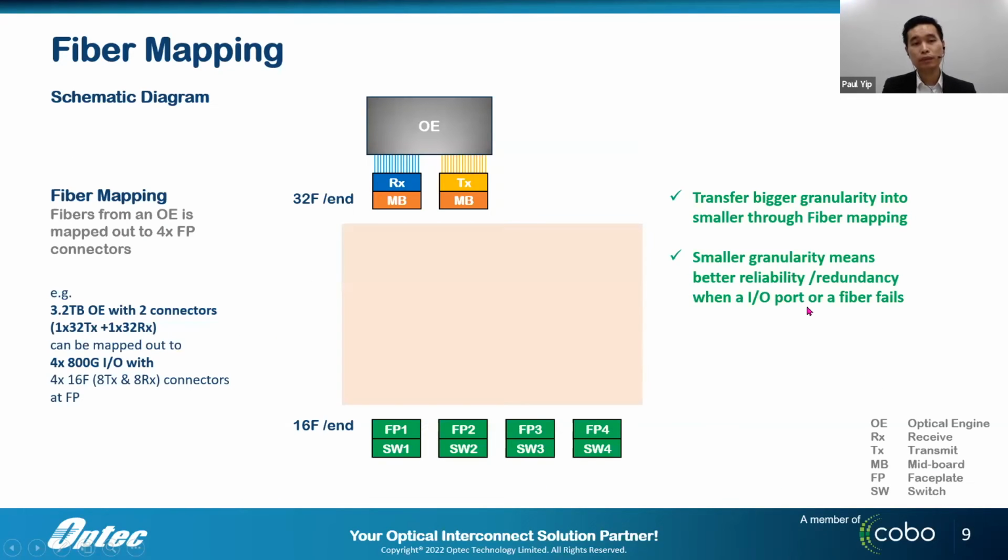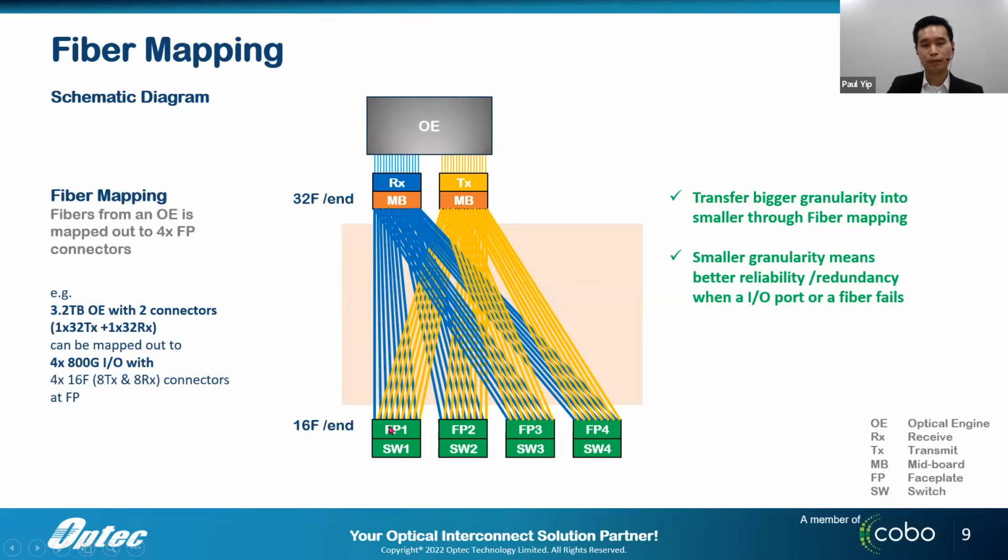I would like to go through a little more about fiber mapping. If we look at the OE, typically we see, for example, 32 fiber ends per RX and TX. From this midboard, we can break out all these fibers to 4 different connectors going to the faceplate.